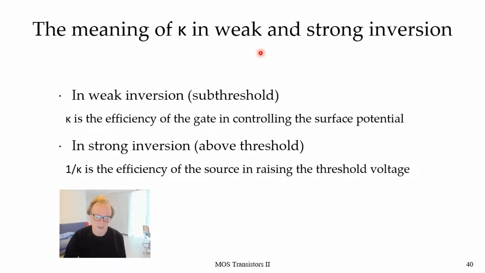Okay, so now let's consider the meaning of kappa in weak and strong inversion. In weak inversion or subthreshold, kappa is the efficiency of the gate in controlling the surface potential. But above threshold, in strong inversion, 1 over kappa is the efficiency of the source in raising the threshold voltage. That's another way to look at kappa.